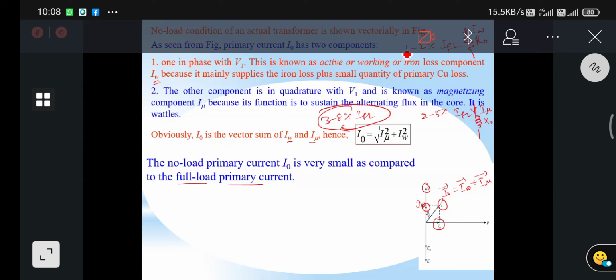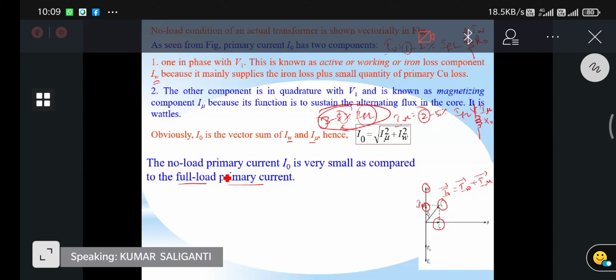Generally Iw will be 1 to 2% and I mu 2 to 5%. If you combine these two, 1 plus 2 gives 3%, and 5 plus 3 gives 8%, so 3 to 8% of full load current. So the no load primary current I naught is very small compared to the full load primary current.